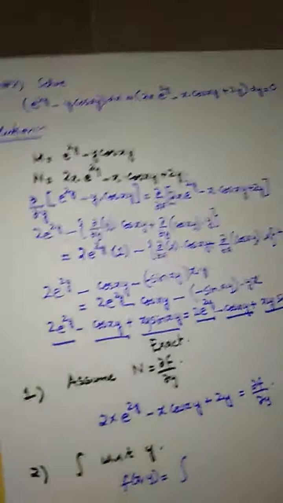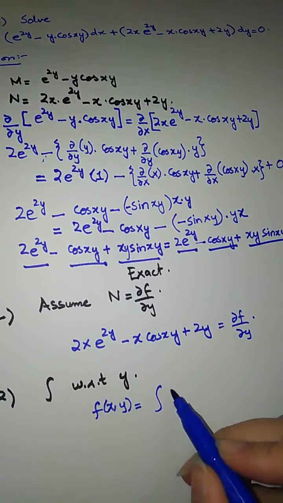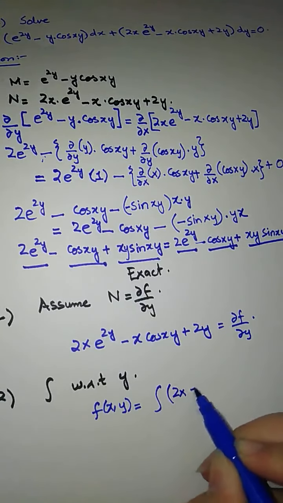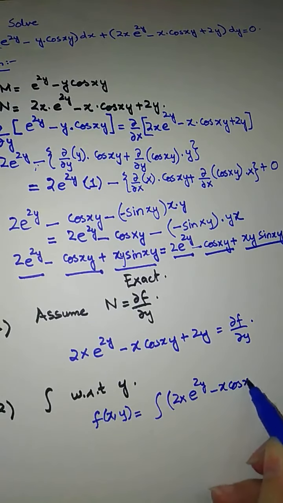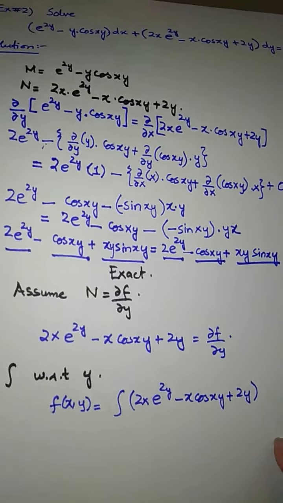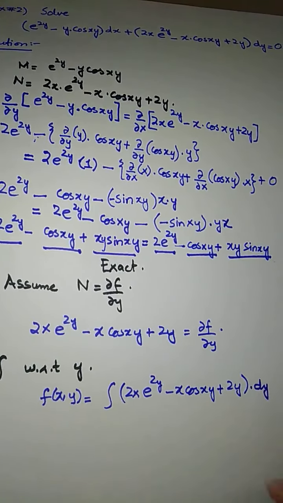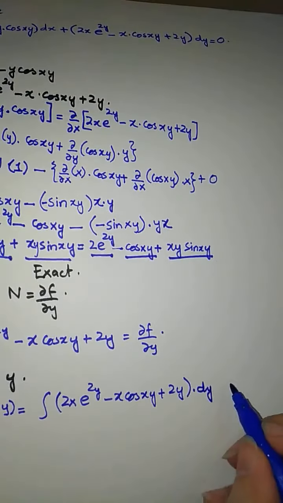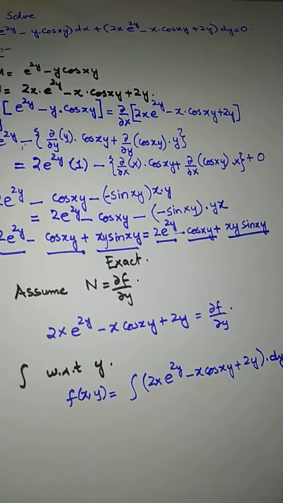So integrating term by term, 2x e to the power 2y minus x cos xy plus 2y into dy, and one term is missing, that is plus g of x.